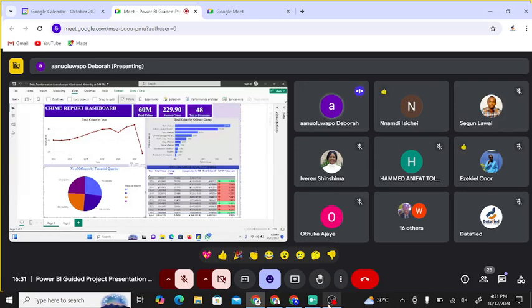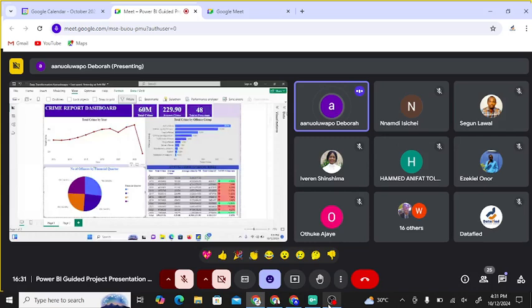Okay, so this is my crime report dashboard. I went ahead to calculate the total crime for each year, which amounts to 60 million.